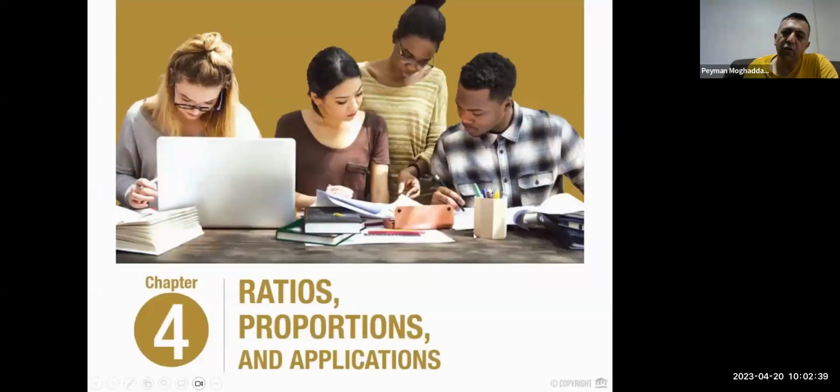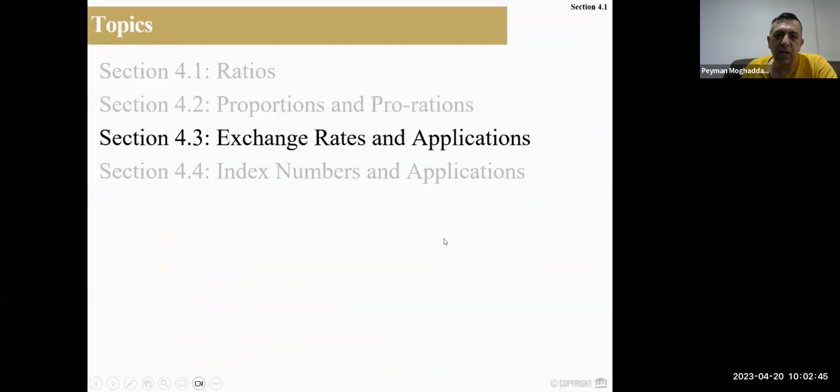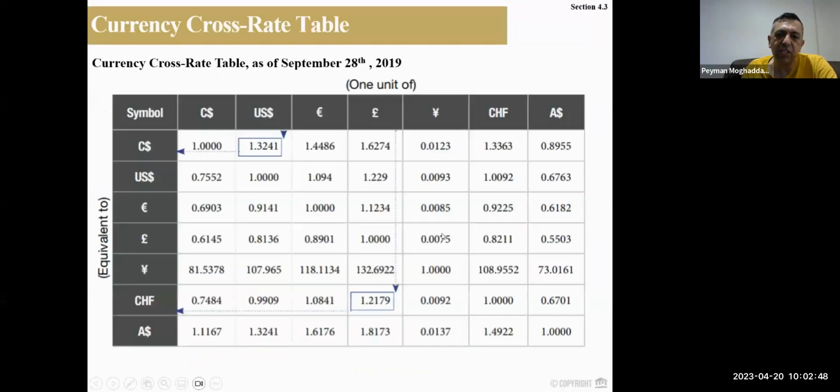This is going to be just an overview of what we learned in the past few weeks, basically from test 2. We learned exchange rates and applications: how to convert from one currency to another, from US dollar to Canadian dollar, for example. In this table, one US dollar is going to be 1.3241 Canadian dollar at this date, September 28, 2019.